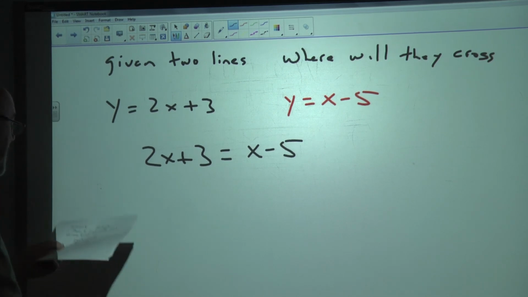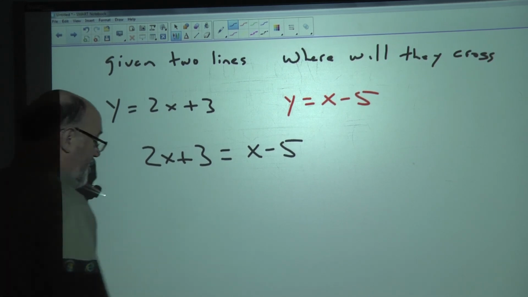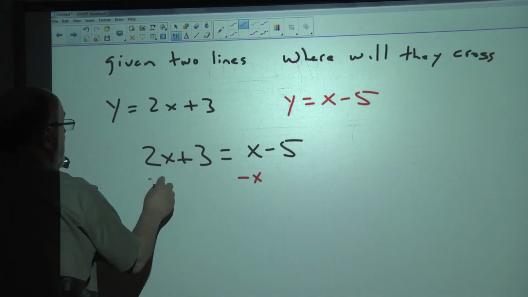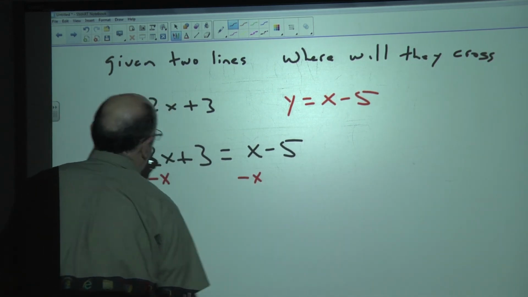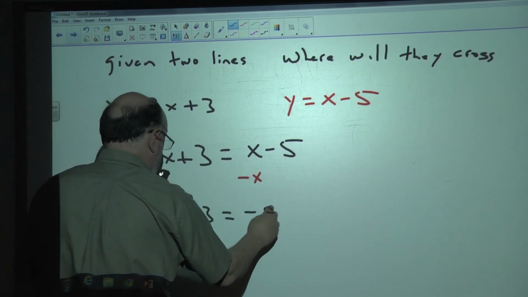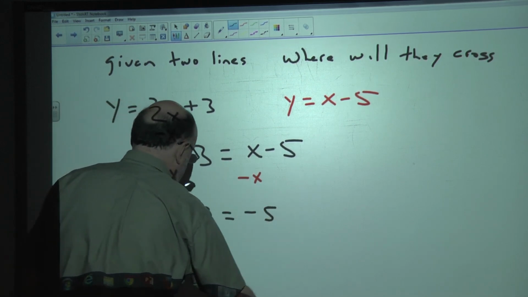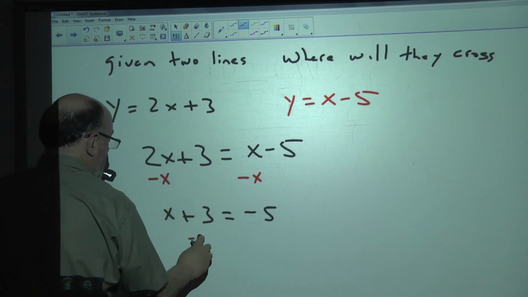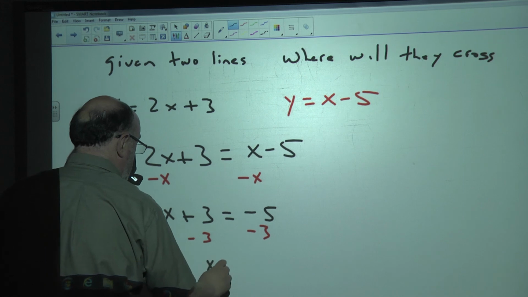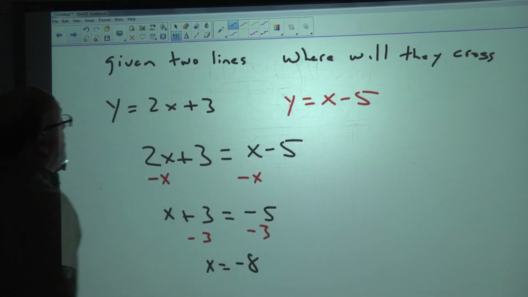And then we can just take that equation and solve it for x. So we get the x's on one side, so let's subtract x. And so x plus 3 equals negative 5, and then we'll subtract the 3. And so x is going to be negative 8. Right?